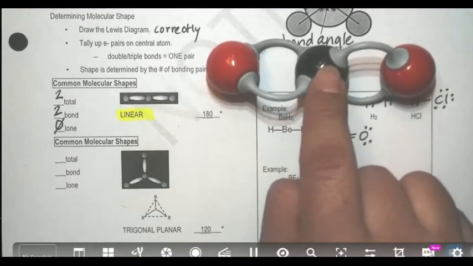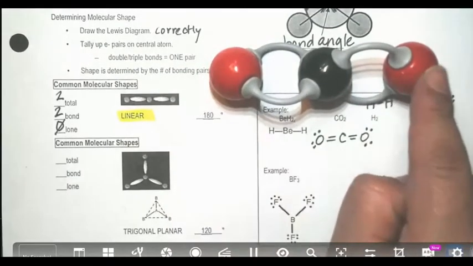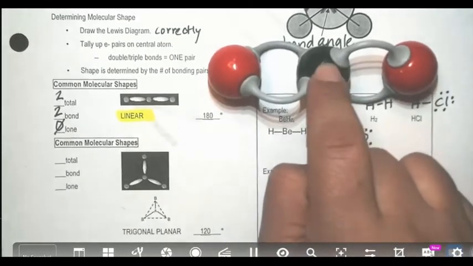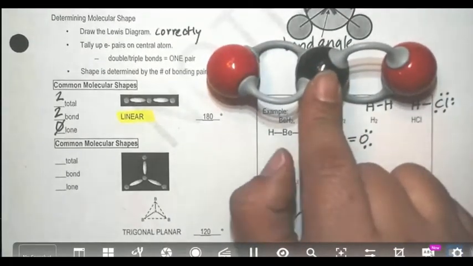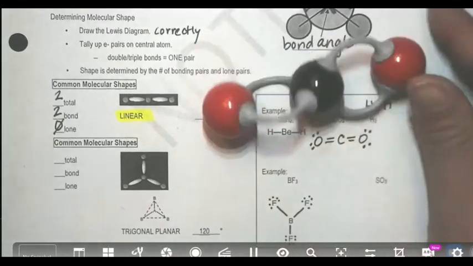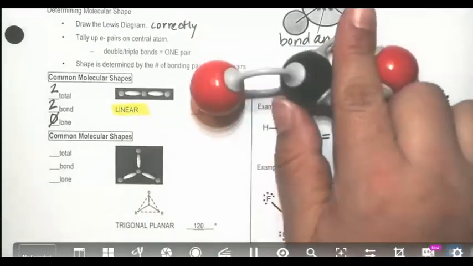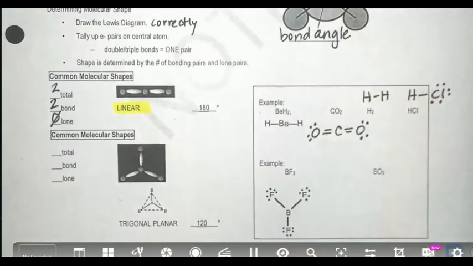I don't care what it looks like over here or over here. I care about what it looks like from the middle. So this is another example that's linear because the atoms are straight across. So we've looked at the linear shape, and we know that it's going to happen when we have 2 things attached to a central atom and no lone pairs on the central atom.